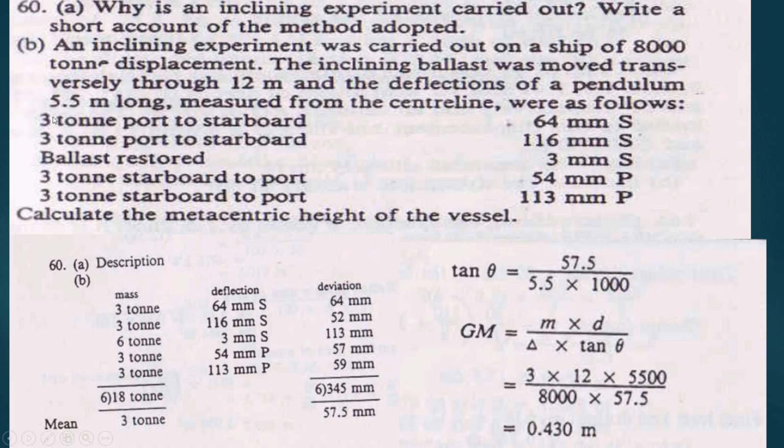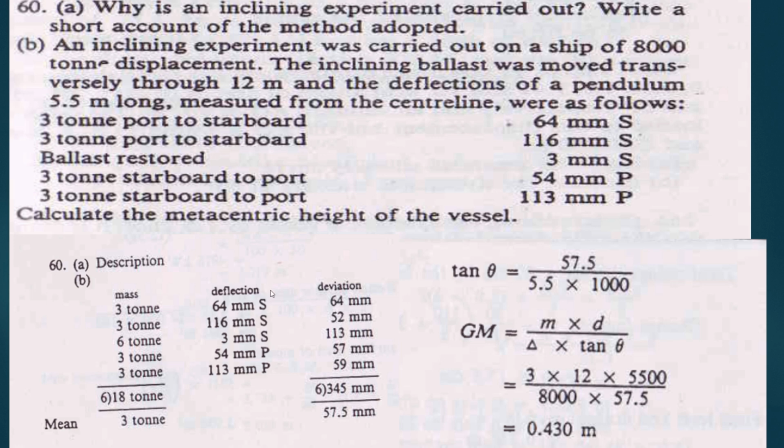Here we are taking all those masses such as 3 tons. It is written as ballast restored. So 3 plus 3 is 6. And here it is given 3 tons, and another 3 tons starboard to port, as we are writing this value over here. And the deflection values we have written straight over here: 64, 116, 13, 3, 1. Most people ask where these values came from. It's nothing but the scale.